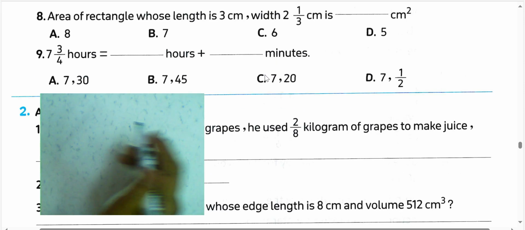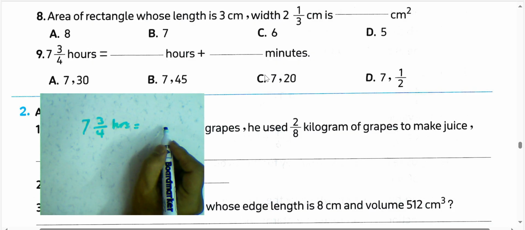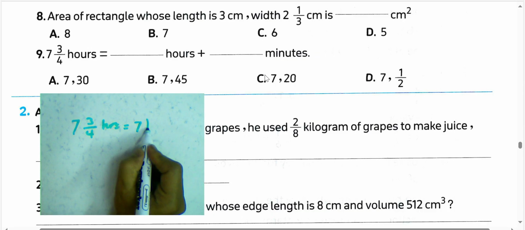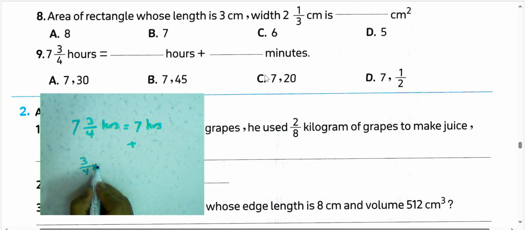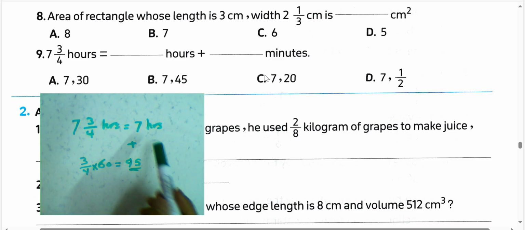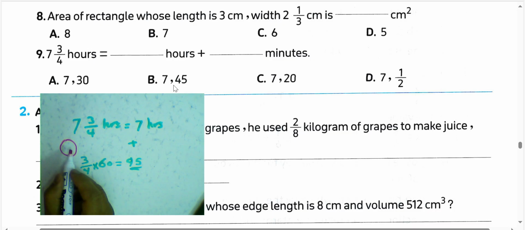Question: 7 and 3/4 hours equals space hours and minutes. We know 7 hours. And how many minutes? We know 3/4 hour equal 45 minutes. يعني حبيبي اما يقول لك 7 hours and 3/4 hours بتجزأها، بتكتب هنا في السبيس الاول number of hours اللي هي 7 وال 3/4 hour هي 45 minutes. 3/4 hour طبعا الاور كلها 60 minutes.